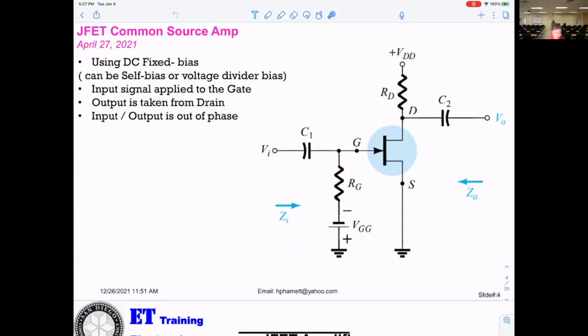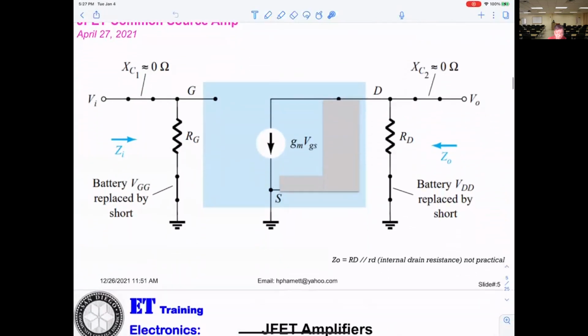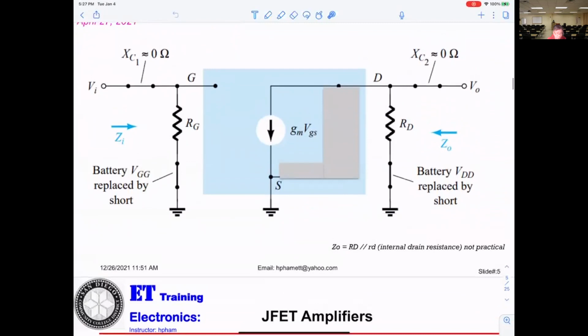And also, they can tell you the input and the output will be 180 degrees out of phase. That's a very, very basic thing that anyone has to know. Okay. And now we redraw the AC circuitry for this circuit.